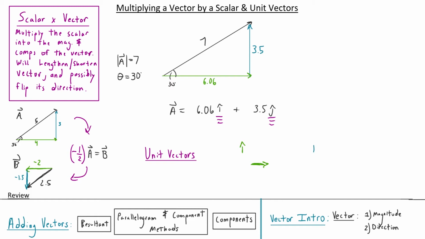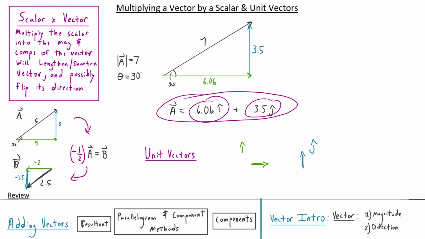And j hat is just a vector in the y direction whose length is 1. That's all this means. And now here's why it's significant. With these new concepts, let's dive into this whole equation here and see what it's telling us.